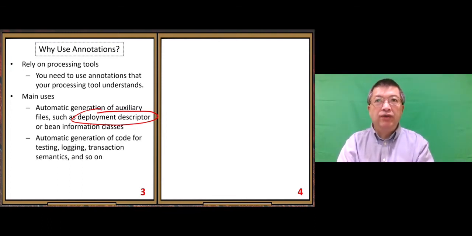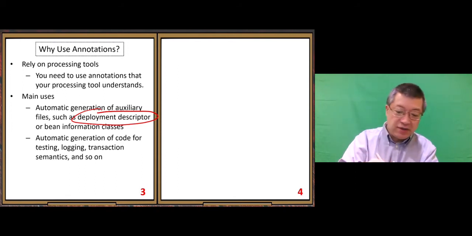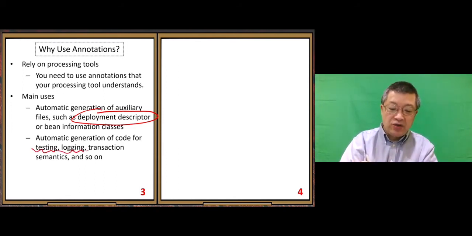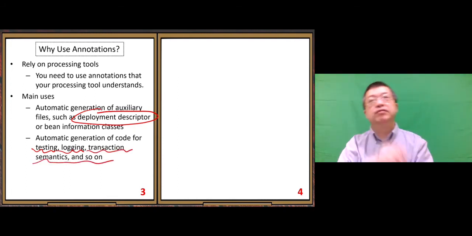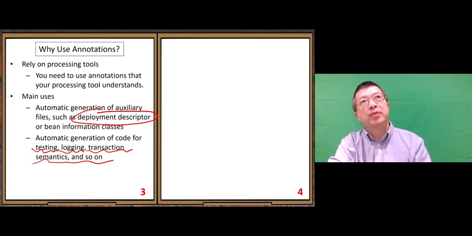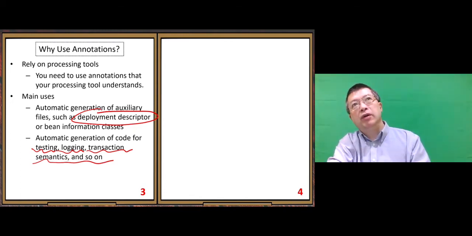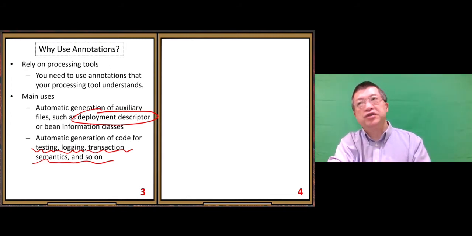Automatic generation of the code for testing. So you can use it for testing, logging, transaction, many things. So you can see with this technology, people can do a lot of complicated configurations in a relatively simple way. Let's recall the old way before we used annotations. A lot of configurations, very complicated in Java.